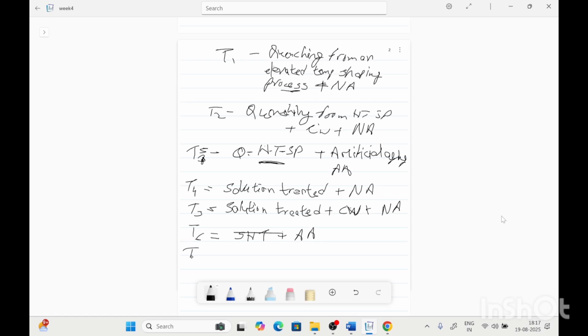Then T7 will be solution heat treated plus stabilization, where the artificial aging is up to peak hardness. We'll further study what peak hardness or overaging is. Stabilization is known as overaging.